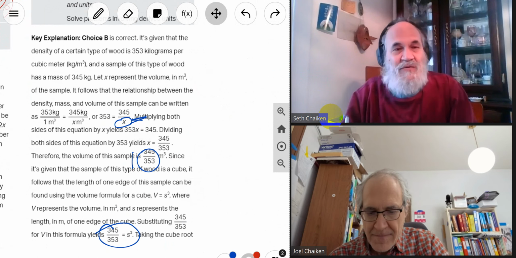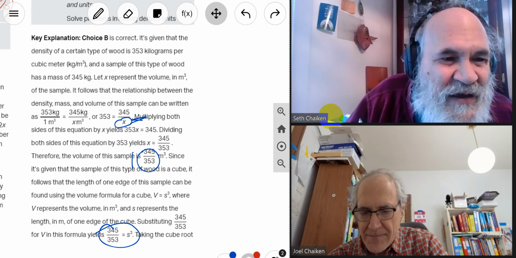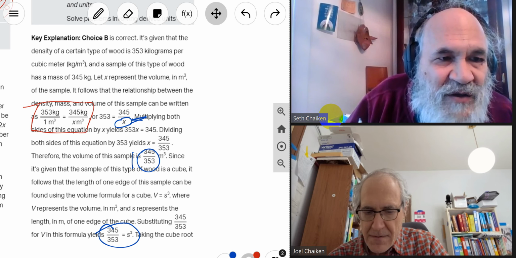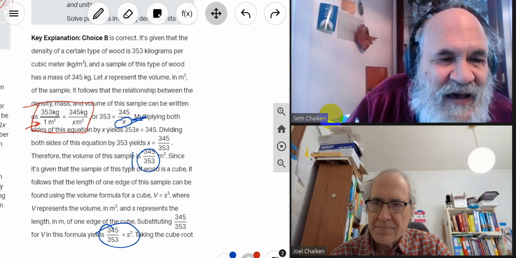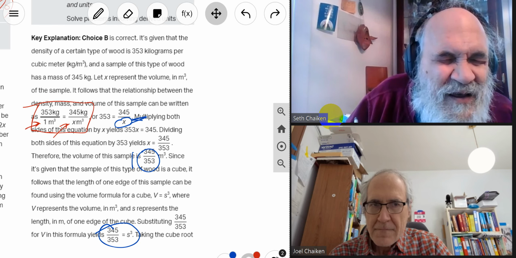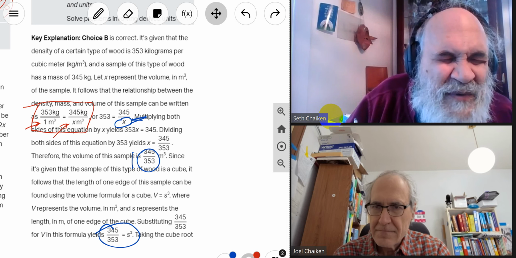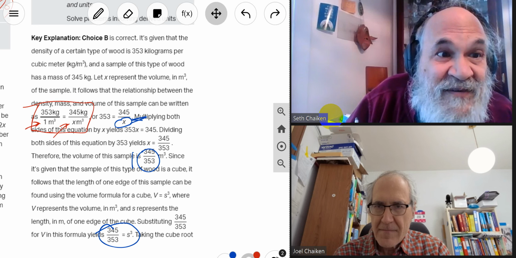Okay. All right, so what they did here was right. They wrote this. They put one cubic meter in the denominator on the left-hand side, and X cubic meter for equality of density.